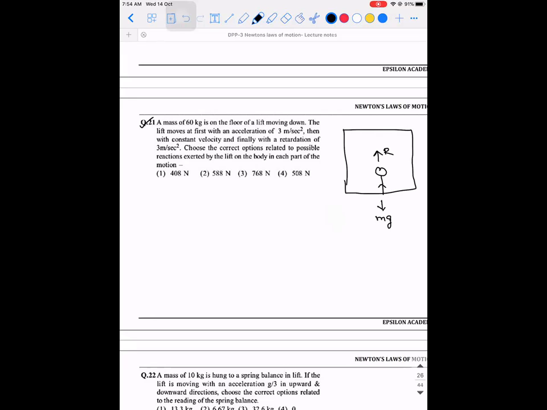The lift moves at first with an acceleration of 3 meters per second square. Alright. The lift is moving down. So acceleration is 3 meters per second square. This is case 1. So what will be the reaction force by the lift?